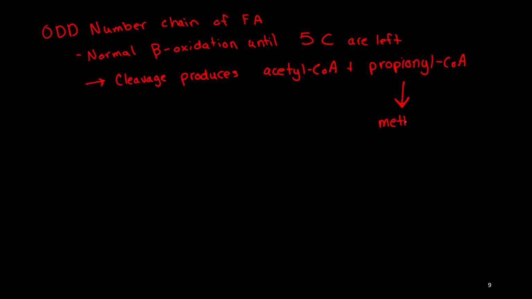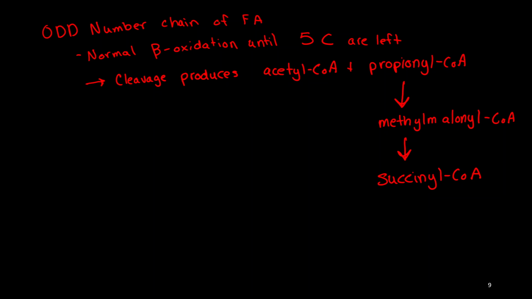It actually goes through more than the arrows that I'm drawing, but I don't want you to get lost in the details here, so I'm simplifying it. Ultimately, it is going to form succinyl-CoA.